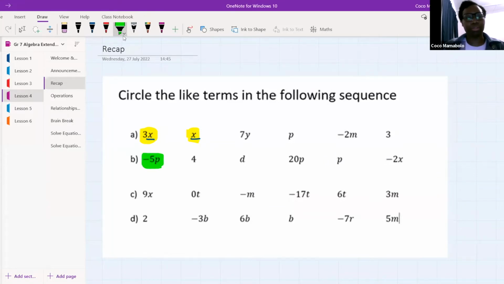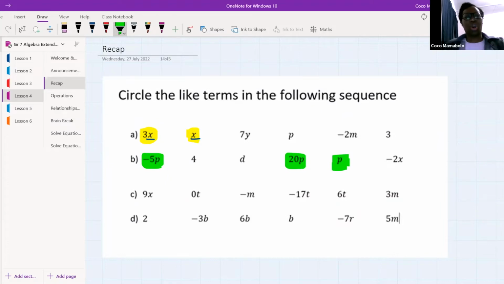And which other one? 20P. Good. 20P. And? Then P. Good. Oh, amazing. That's because they all have P in common, right? Yes. Excellent. Excellent stuff. Hi, Buhle. It's nice to have you with us.